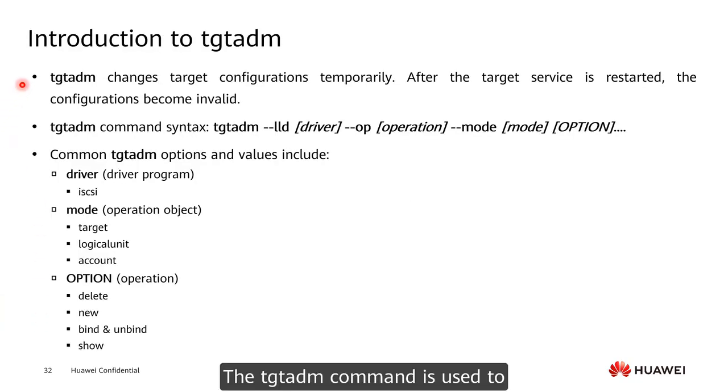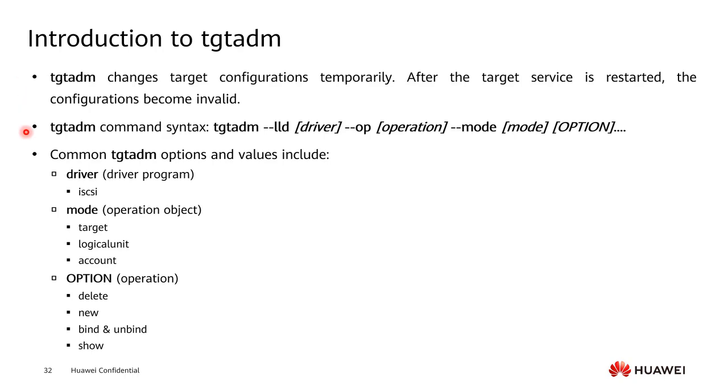The tgtadm command is used to temporarily configure the target service. After the target service is restarted, the configuration becomes invalid. The syntax is as follows: tgtadm --lld for driver, --op for operation, then --mode for the mode you use, and finally the other options.